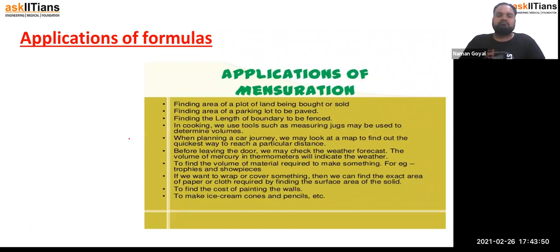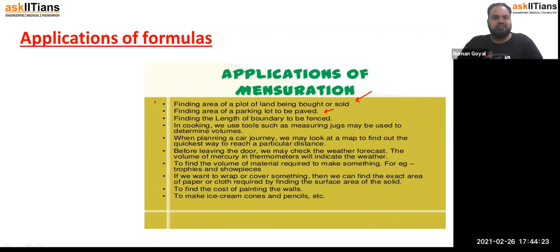Now see, there are some places where we are going to apply these formulas. First is finding the area of a plot of land being bought or sold. We will use the formula for questions asking for the area of land someone wants to sell or buy. Next, find the area of a parking lot to be paved.